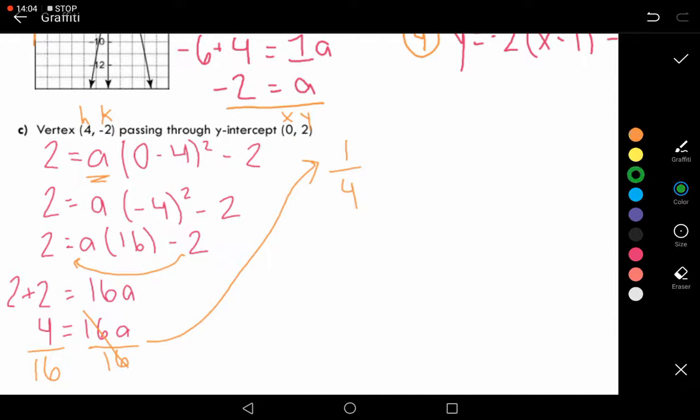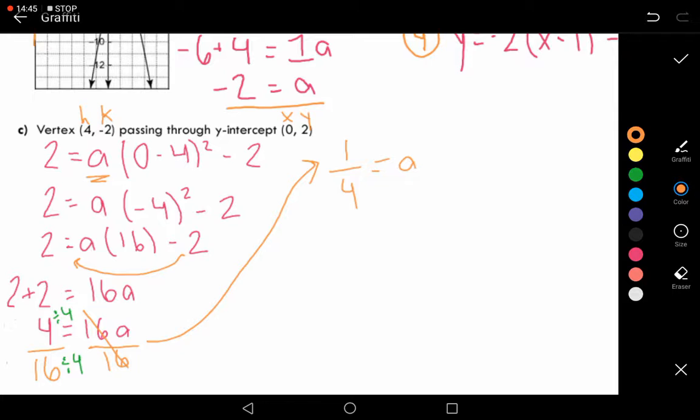If I divide 4 by 4 and 16 by 4, 4 divided by 4 is 1, and 16 divided by 4, which I guess I shouldn't have written it like that because it should go the other way, right? 4 needs to be divided by 4, and 16 needs to be divided by 4, not the other way around. Okay, 4 divided by 4 gives you that 1. 16 divided by 4 will give you 4. So 1/4 is equal to a.